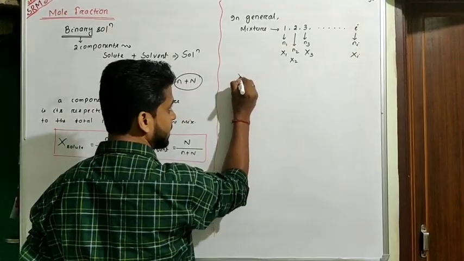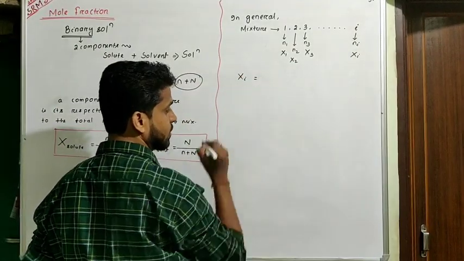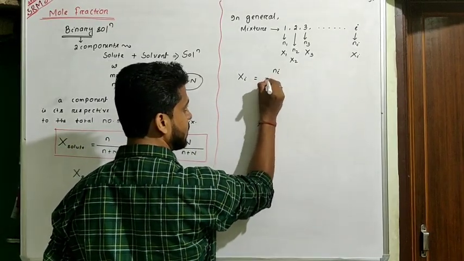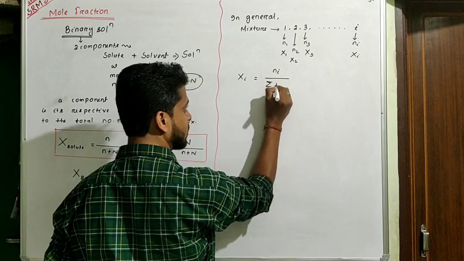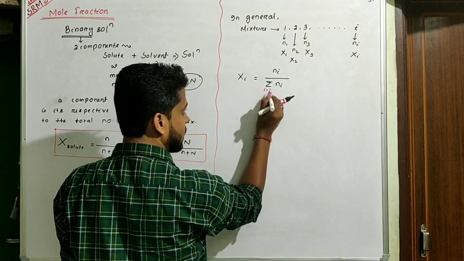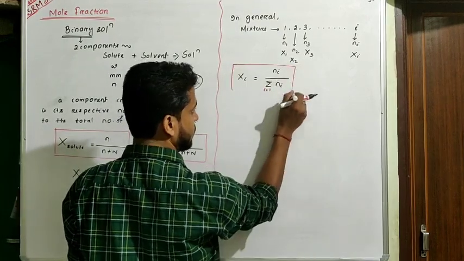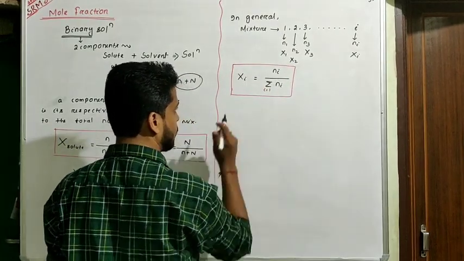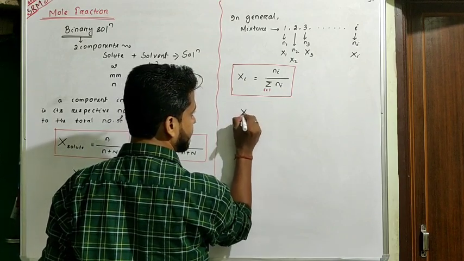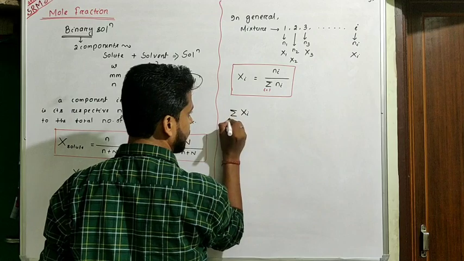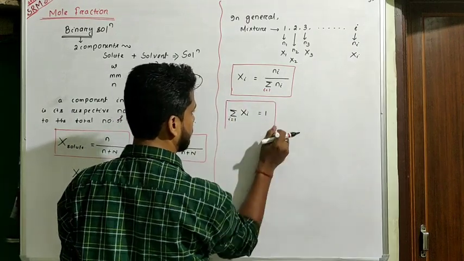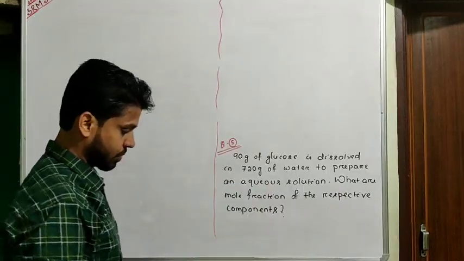So in general, Xi is equal to ni divided by the summation of ni, where i starts from 1. And also the summation of xi for i equals 1 onwards equals 1.